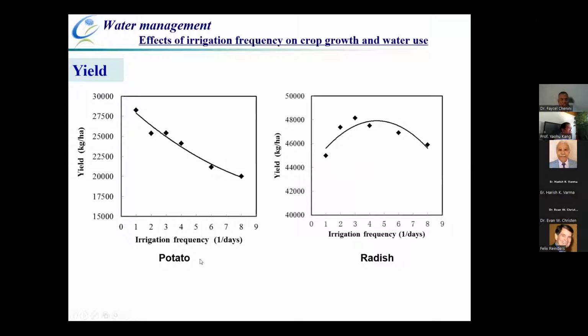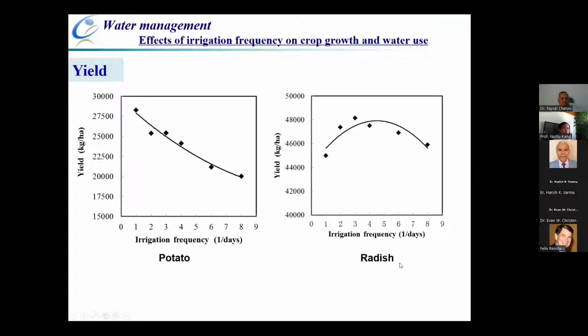So finally, we found that for the potatoes, the yield decreases as the irrigation frequency decreases from once every day to once every 8 days. And the yield is the highest when the irrigation frequency is once every day.